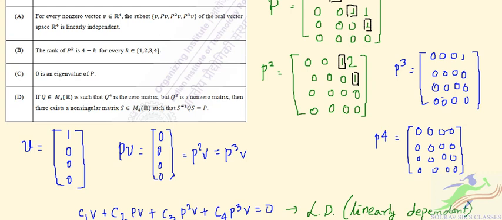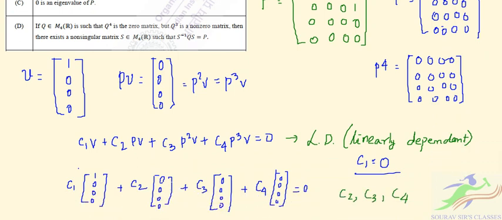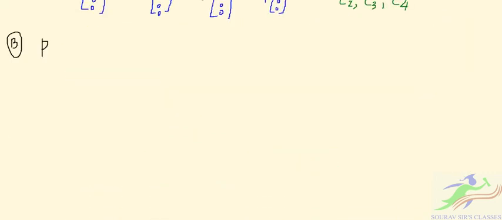So we have been given that the rank of P to the power k is 4 minus k. So here k is 1, 2, 3, 4. So we can check for B that the rank is P to the power k. We have to find the rank.